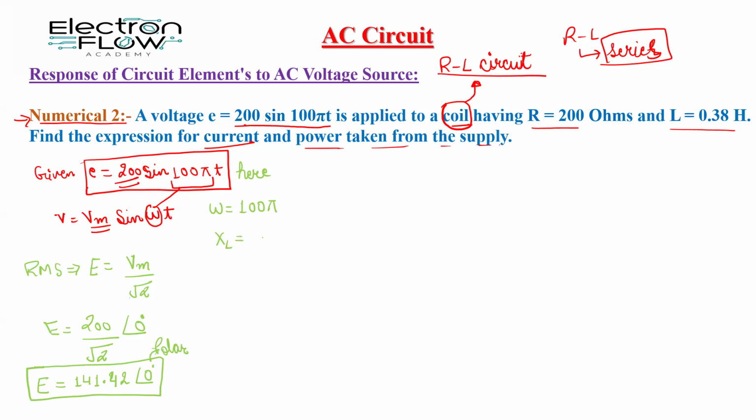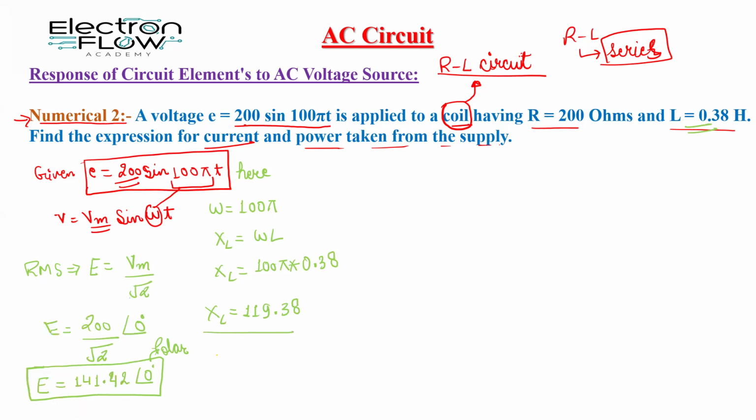XL is nothing but omega L. So the value of XL is 100 pi multiplied by 0.38, which is the given value of L. Now XL is equal to 119.38. So we have calculated the value of XL.